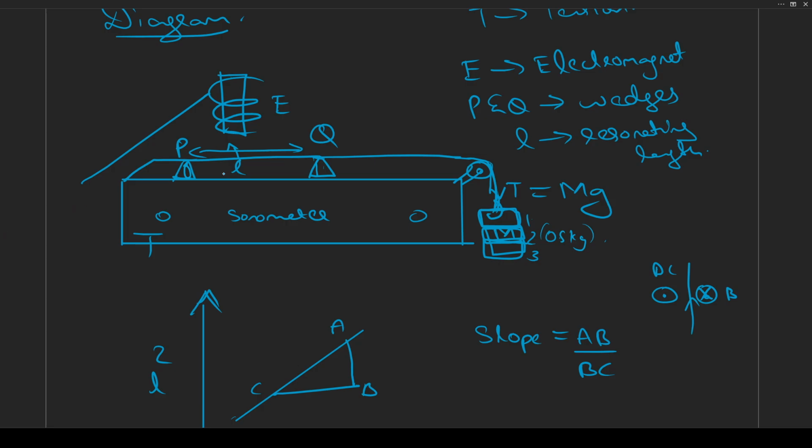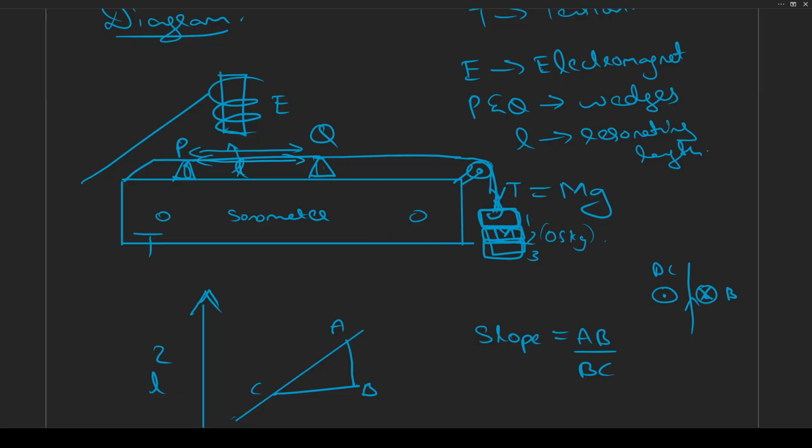Where the vibration is very large, the wedges will be placed there. The distance between the wedges at that time is known as the resonating length.